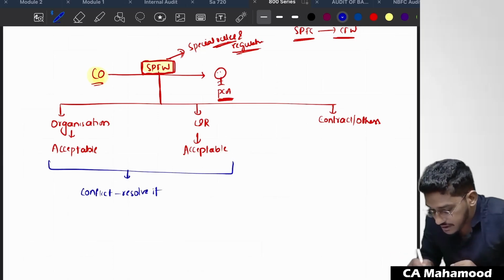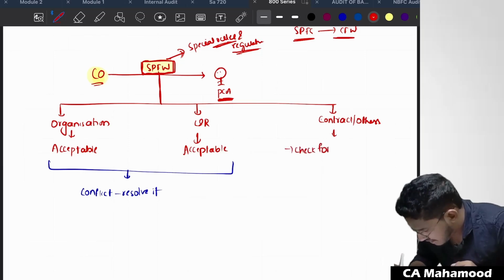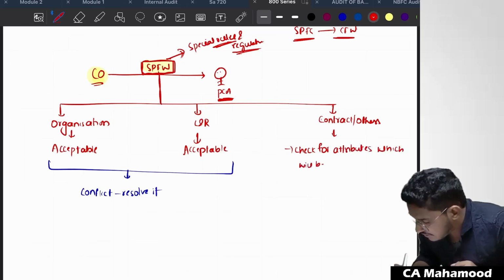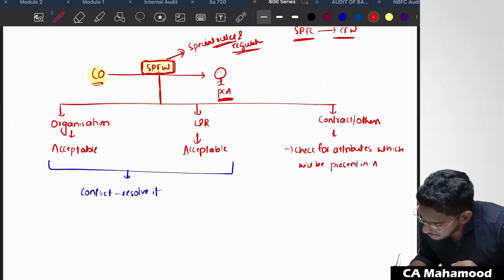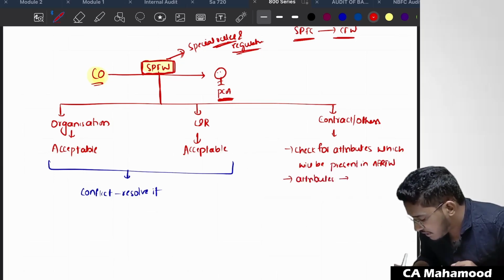If it is given under any other contract, then you have to check for attributes which will be present in an applicable financial reporting framework. And which attributes we generally expect completely depends on professional judgment.